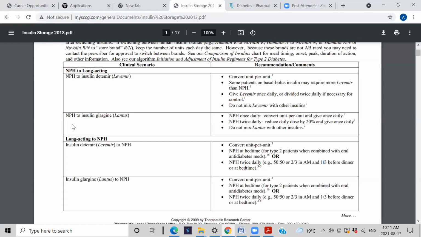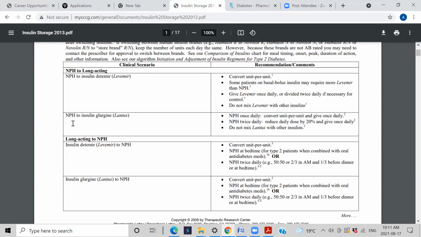If we are converting the patient from NPH to Lantus, insulin glargine, this is the important point and this is what we need to focus on. For NPH, the patient might be taking it twice daily, which is more common, and in specific cases, once daily.